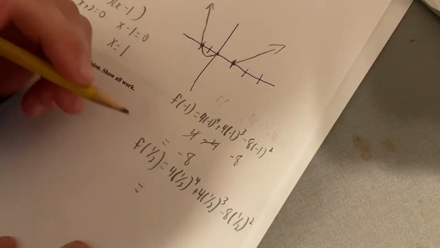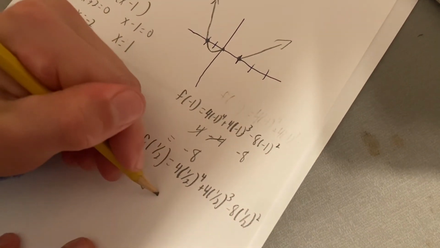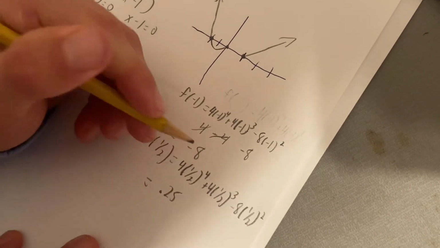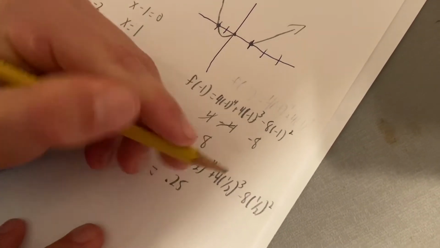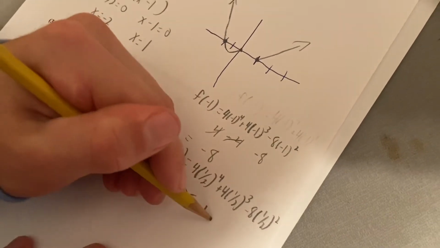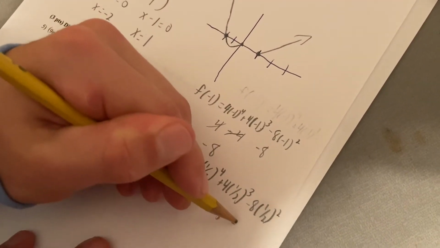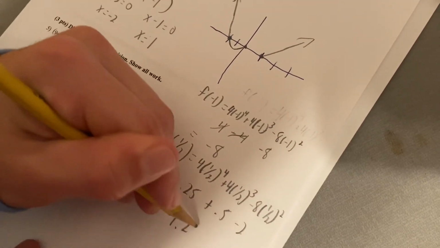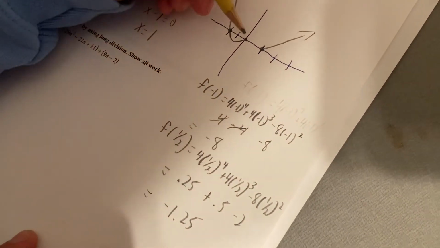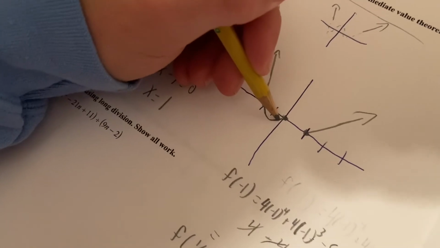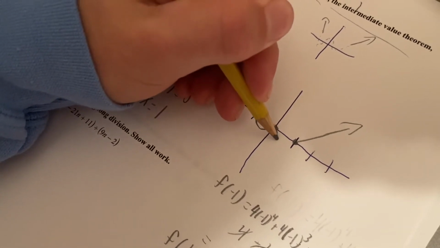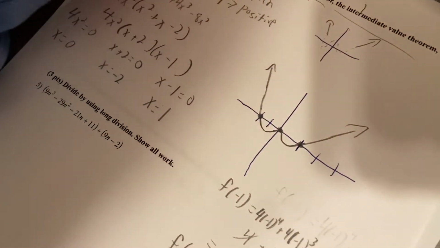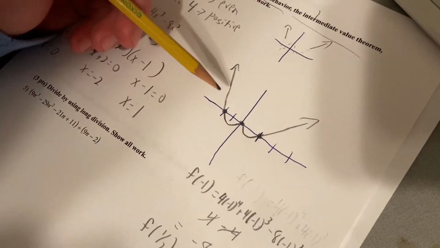So in finding this, you can see that's going to be 0.25, plus 0.5, and then minus 2. This will then equal negative 1.25. So this is going to be a negative as well, which means it's going to go down as well and go back up. So the answer is going to look like this.